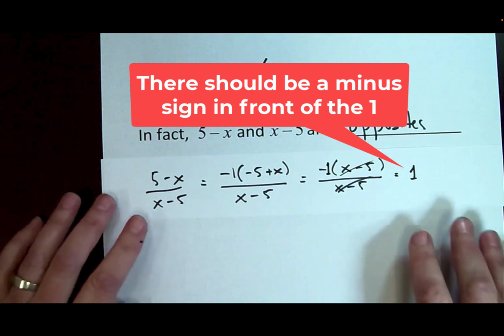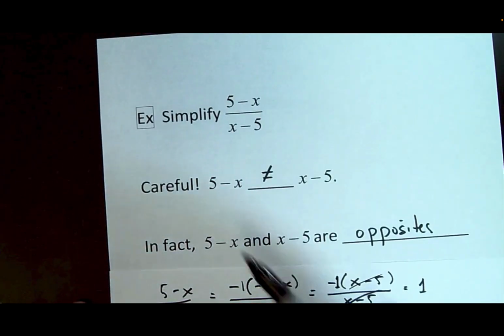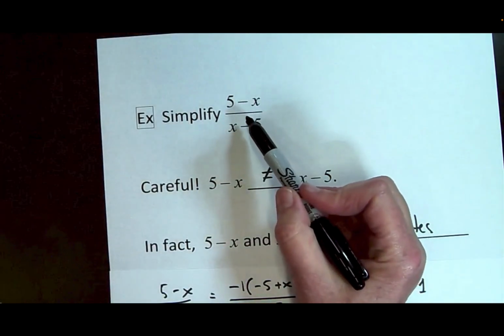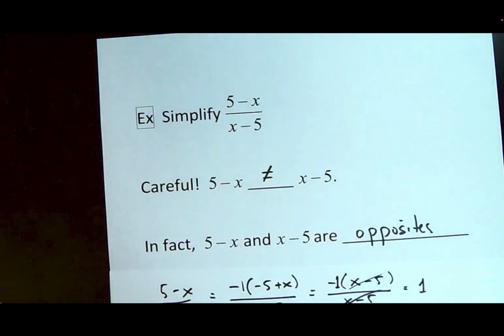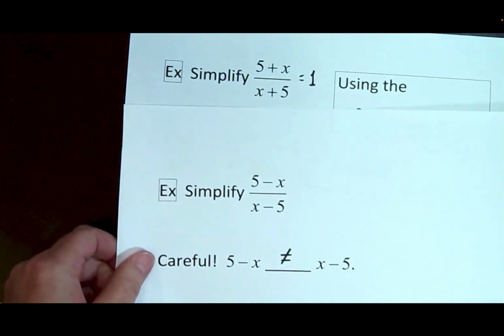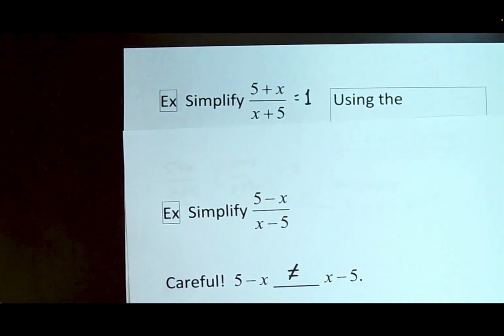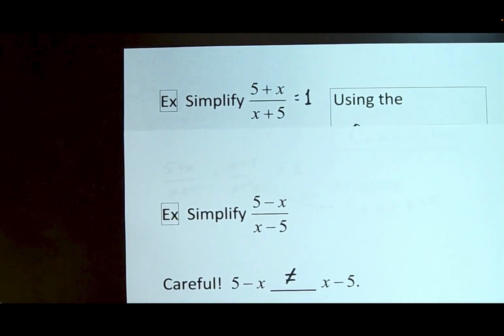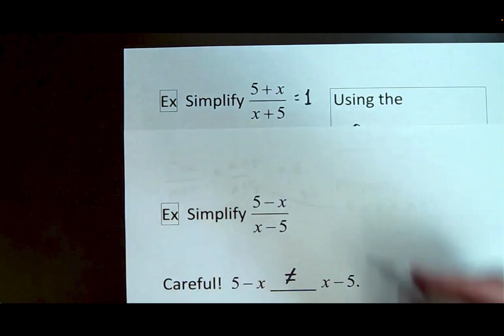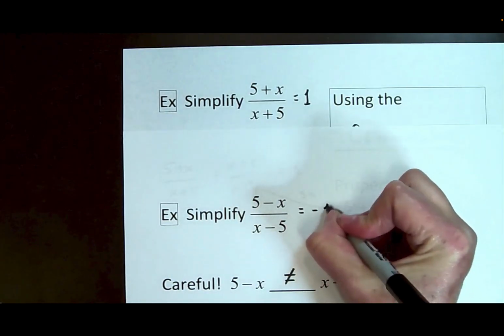So if you go to simplify binomials where the terms are in the opposite order, if they have plus signs between them, when you cancel, you get a positive 1. If they have minus signs between them, when you cancel, you get a negative 1.